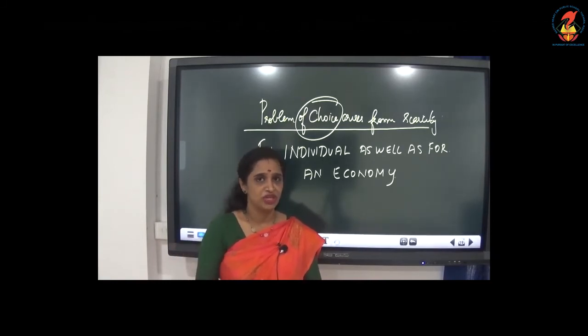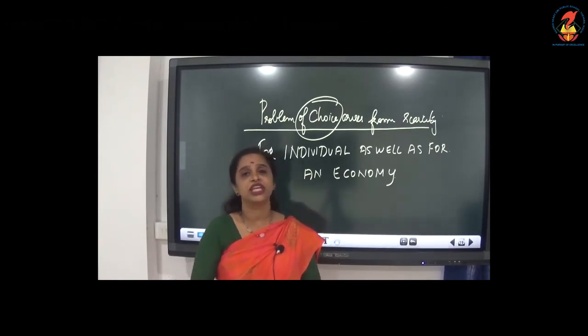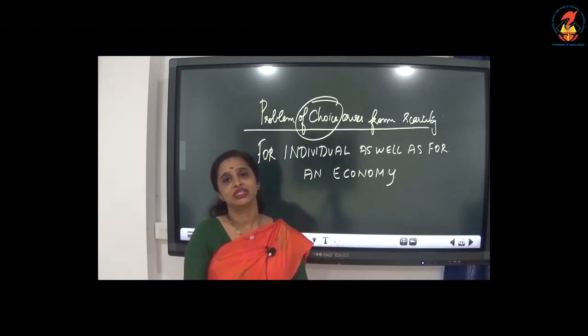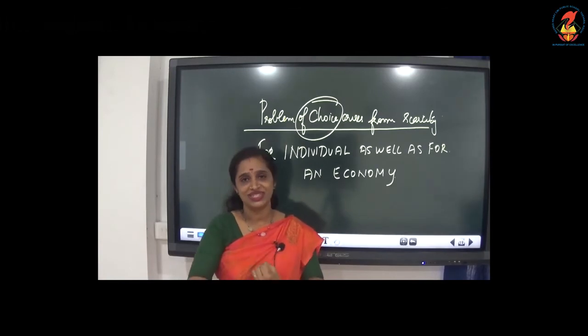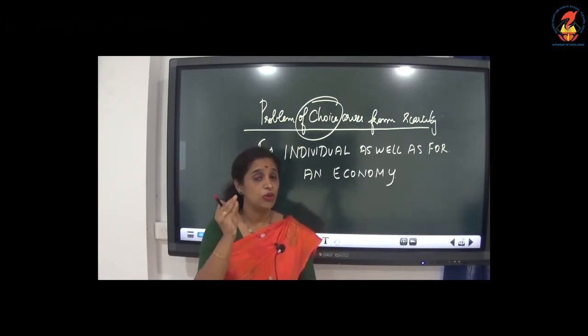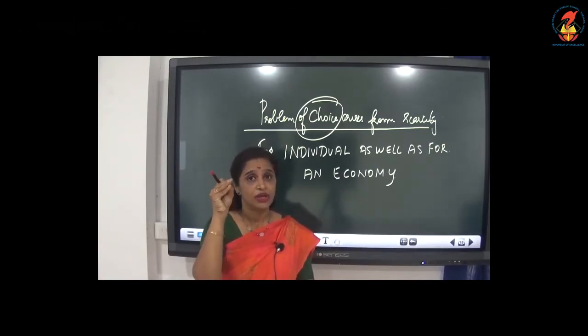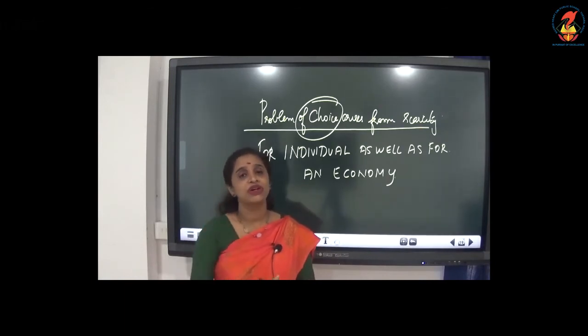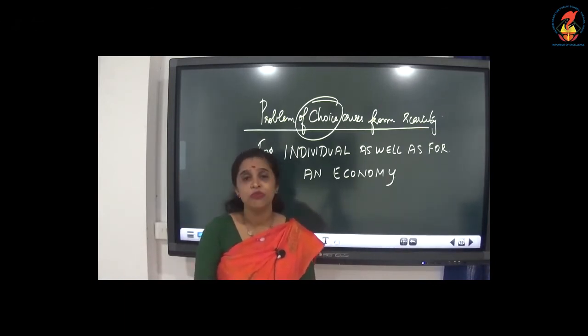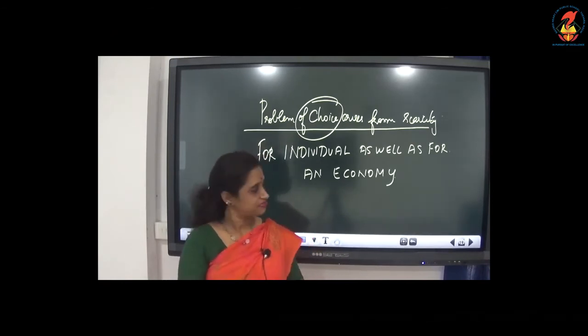So the economy has the responsibility to produce different types of goods and services with the limited resources that it has. So the economy also should choose among the goods it has to produce. Problem of choice arises not only for an individual but also for an economy because of scarcity of resources.